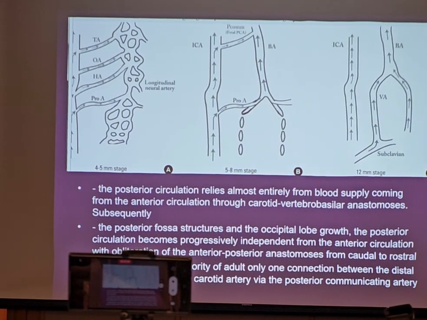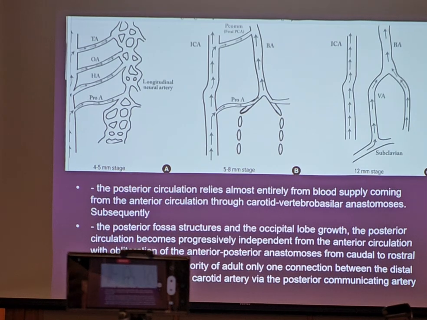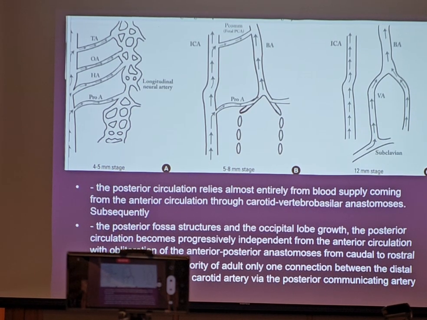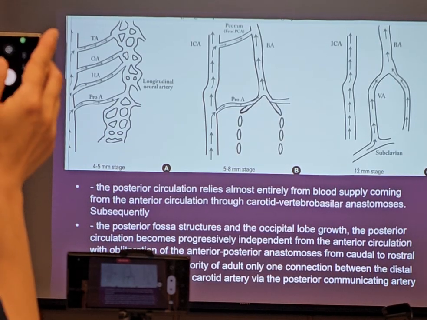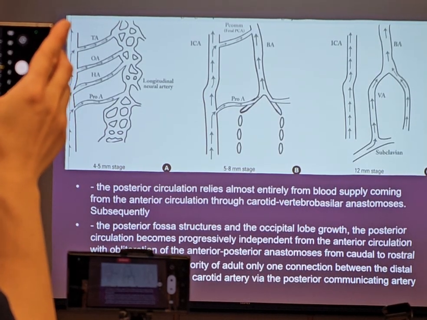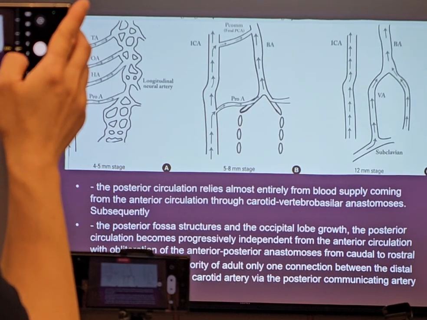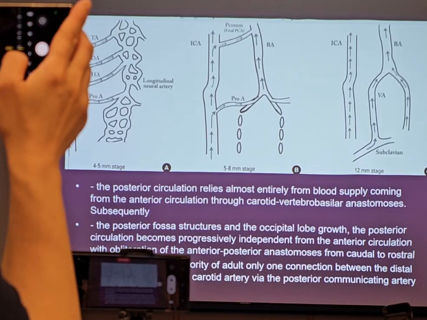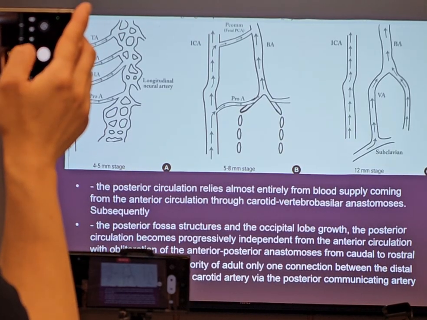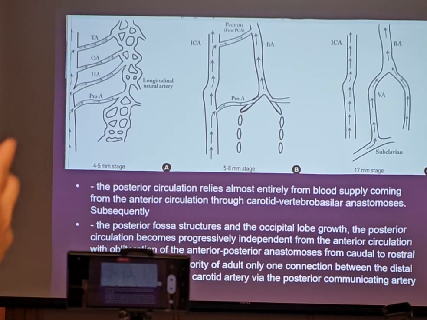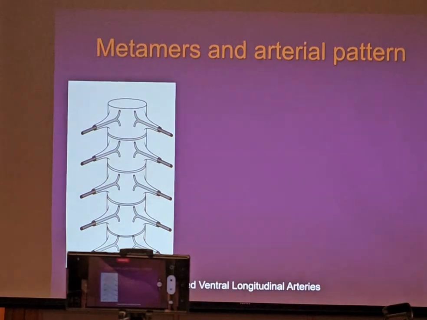Then the posterior fossa structures and occipital region will grow, and the posterior circulation becomes progressively independent from the anterior circulation, with some regression and retardation of many anastomoses. Usually it is left with the posterior communicating artery. With the forming of the lower system, the flow channel starts to be upward. So with the flow change, the two systems become mostly separate.